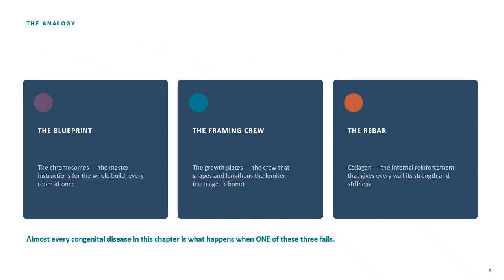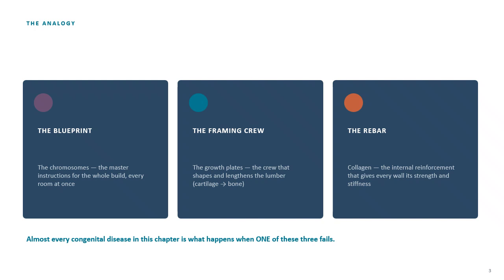All right, moving on. To make this a little bit easier, what I want you to do is imagine that the skeleton is like a house that's being built. Every house needs a blueprint. Every house will usually need a crew to frame it up, and every house will also need internal reinforcement to ensure that it's sturdy.